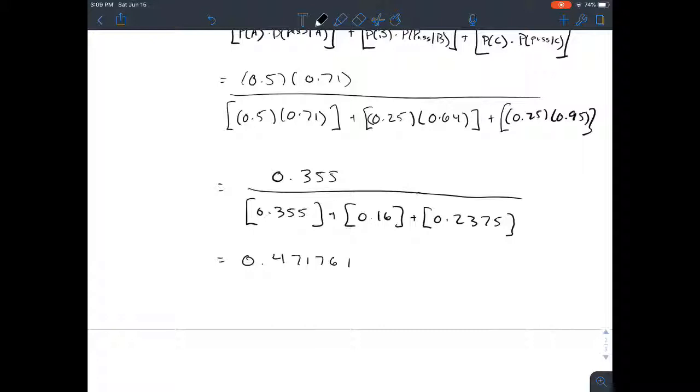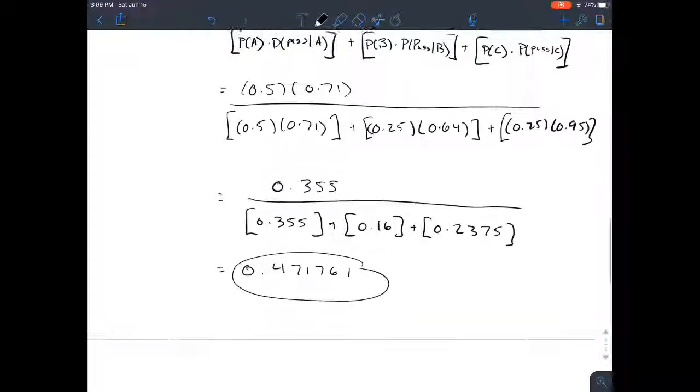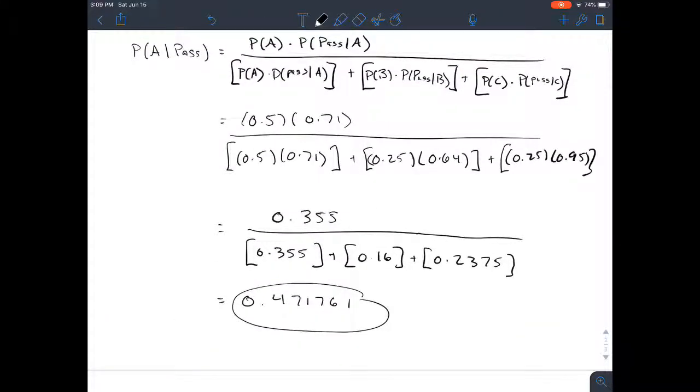And it wants us to round it to that many decimal places. So that's the probability that given a student has passed, they've received test A.